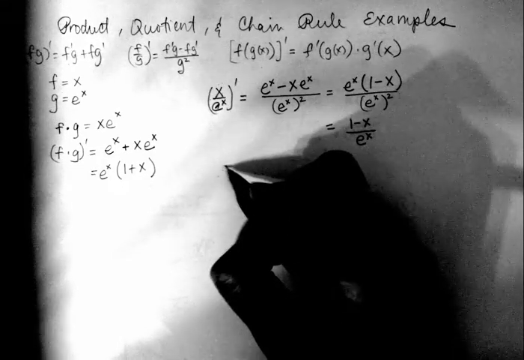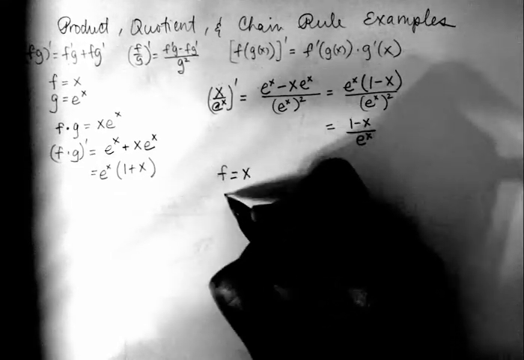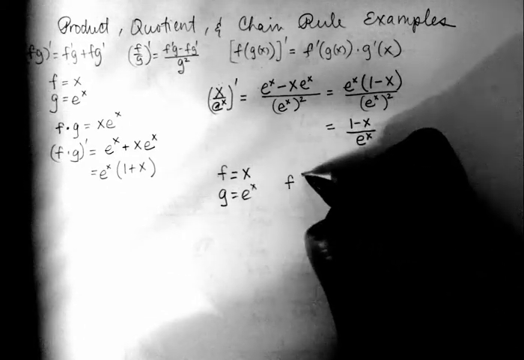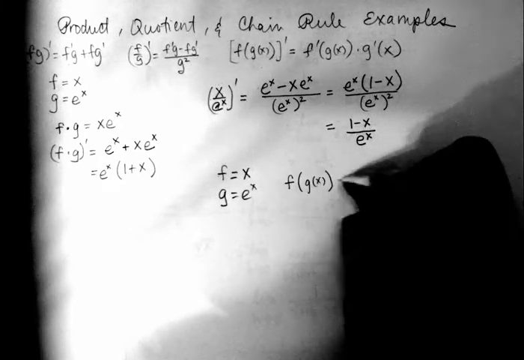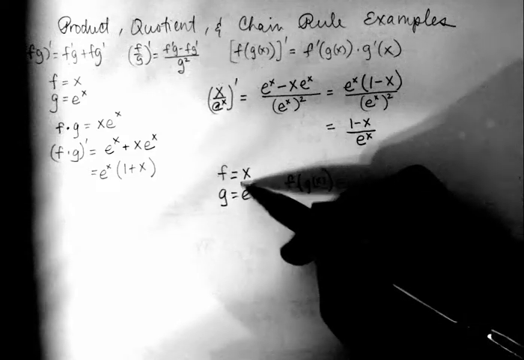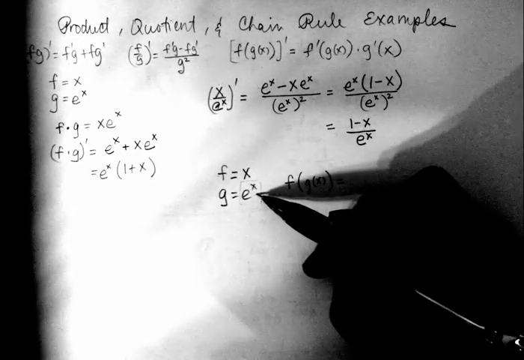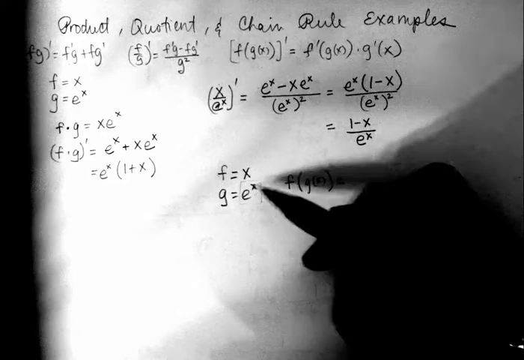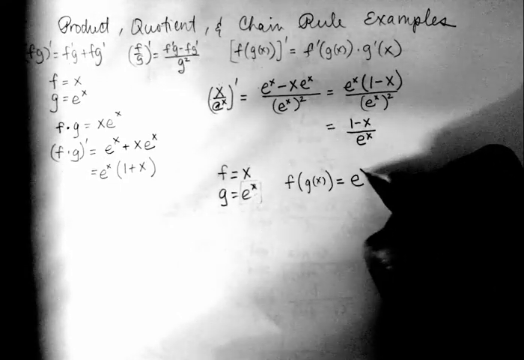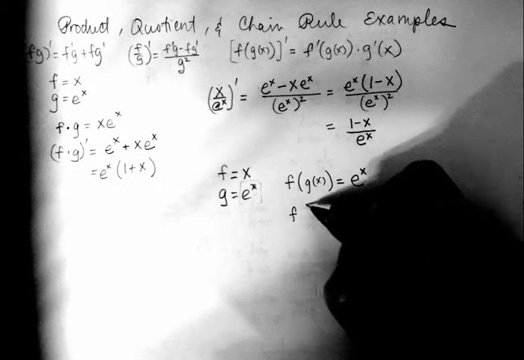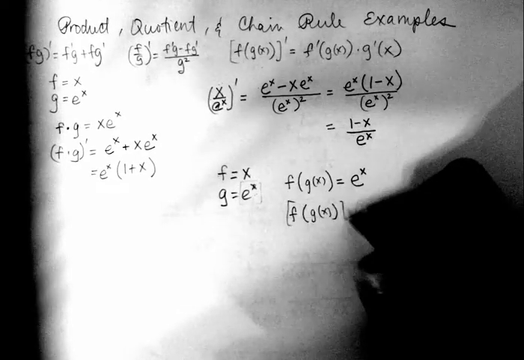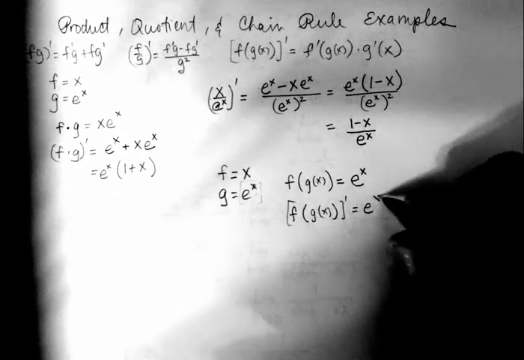So when f equals x and g equals e to the x, f composed with g simply equals e to the x, because we're substituting e to the x in place of x. So that is just e to the x. So then (f of g)(x) prime is simply e to the x.